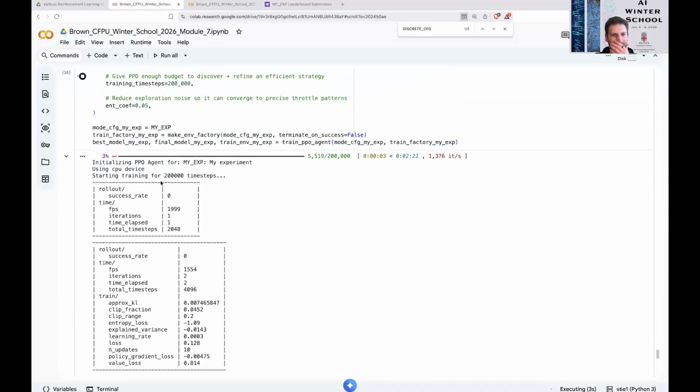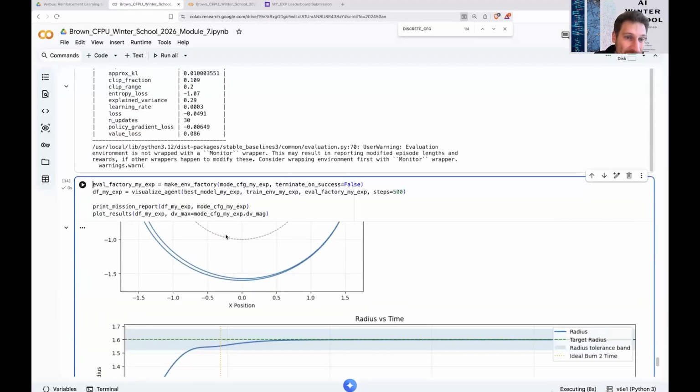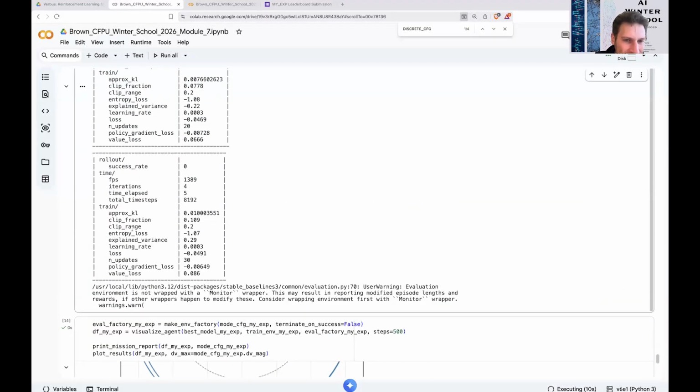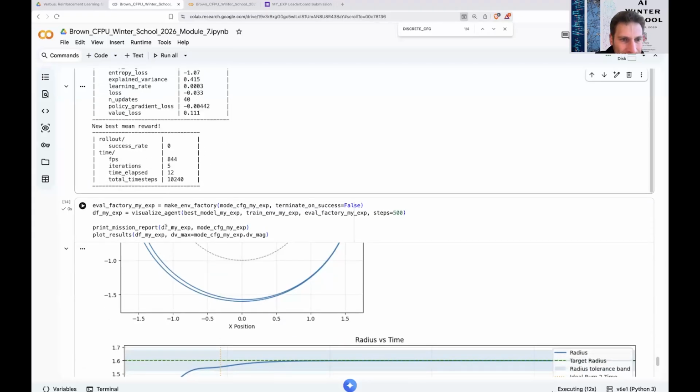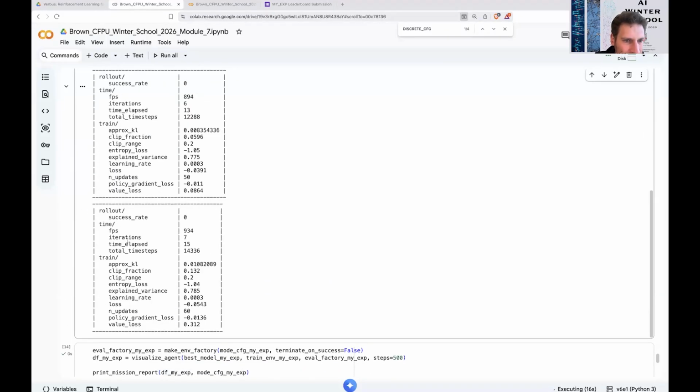So now we can watch as the actual training happens. Hopefully, I don't know if this will converge or not. I made some changes, so we'll see. But if things start to become successful, the success rate will become non-zero.